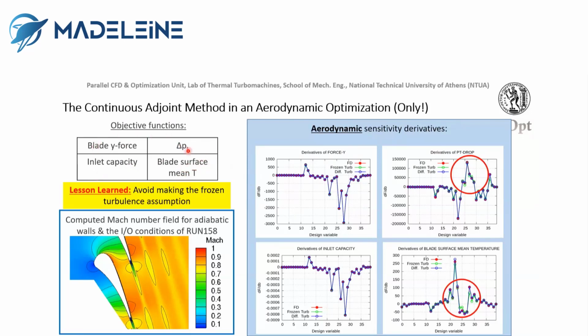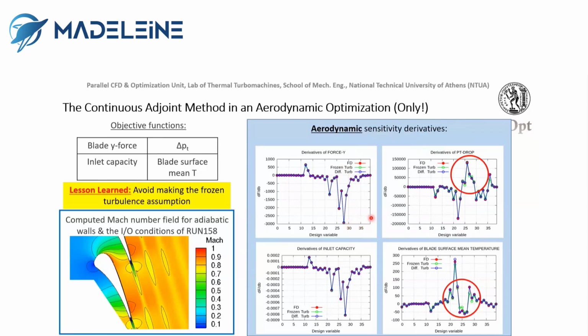This 2x2 matrix corresponds to the figures shown to the right. Each figure presents three curves: the finite differences in red, the fully differentiated turbulence model adjoint in blue, and the adjoint with the frozen turbulence, which is a usual assumption made when developing continuous adjoint.